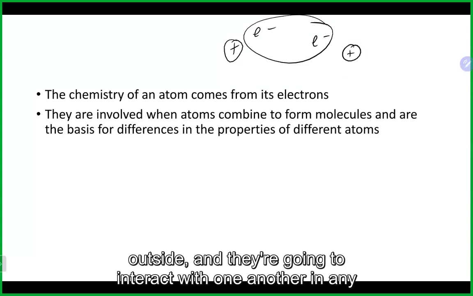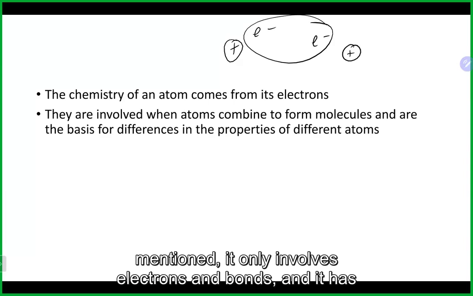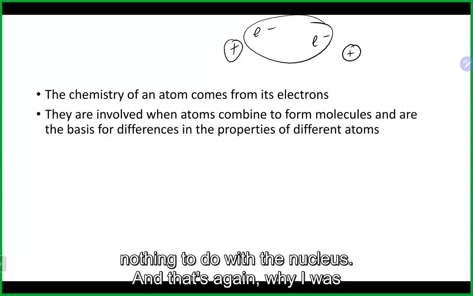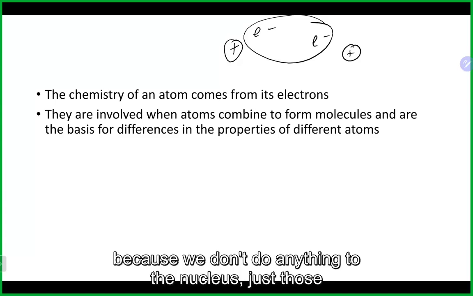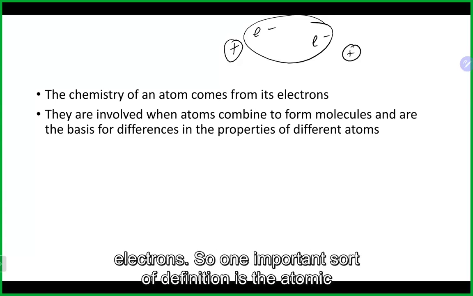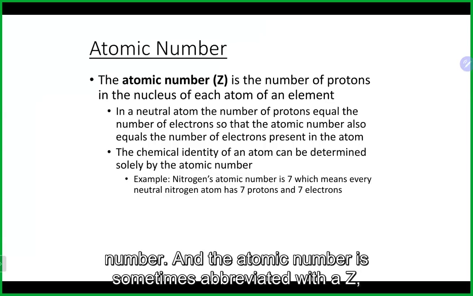Any chemical reaction we talk about in this class only involves electrons and bonds, and has nothing to do with the nucleus. That's why I mentioned earlier there's a conservation of elements, because we don't do anything to the nucleus, just those electrons.